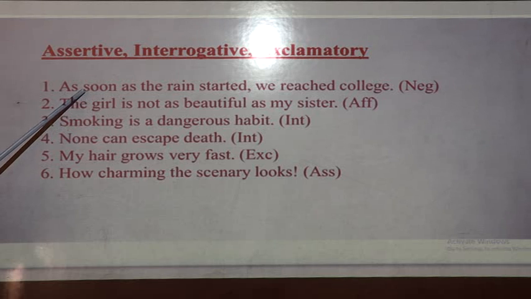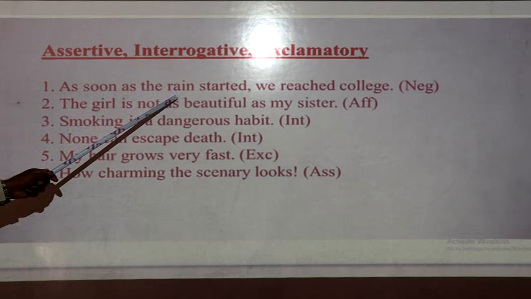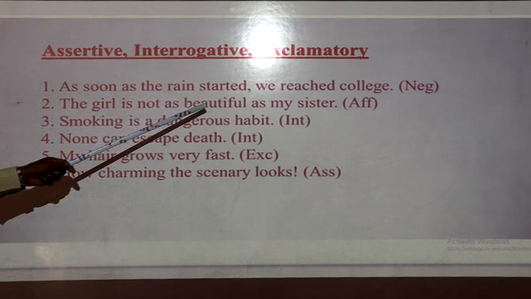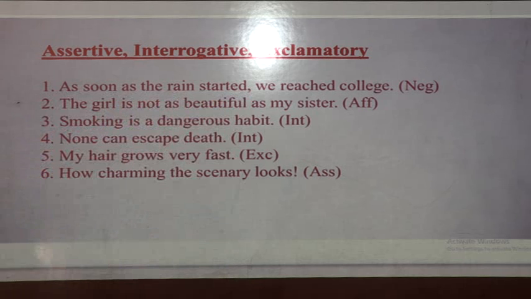We have to change the form of sentence connector. In place of as soon as, we will have to use no sooner had. Then we can write no sooner had the rain started, then in place of comma we will have to use then, we reached college.